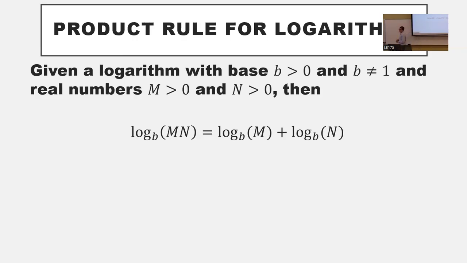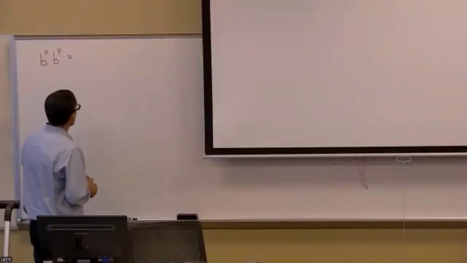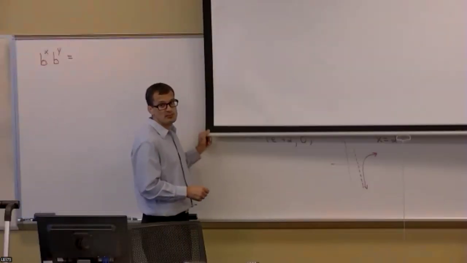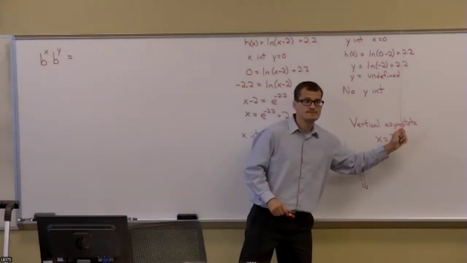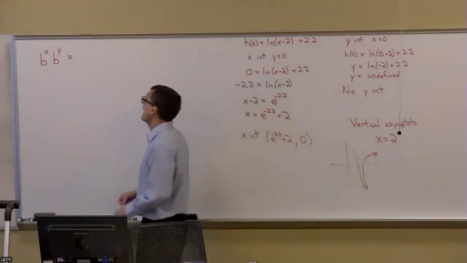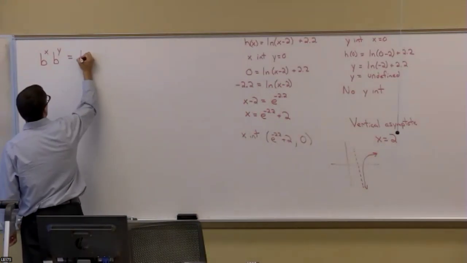This is called the product rule for logarithms because of the connection to the product rule for exponents. I'm going to explain where this comes from.